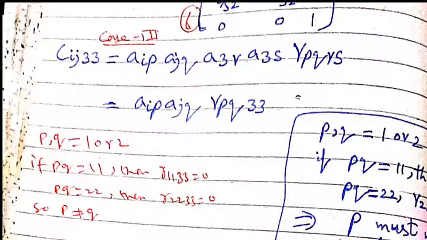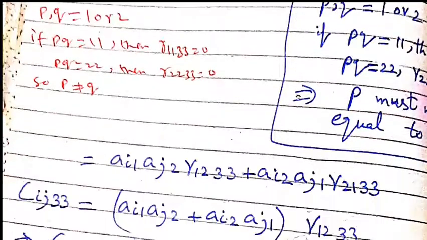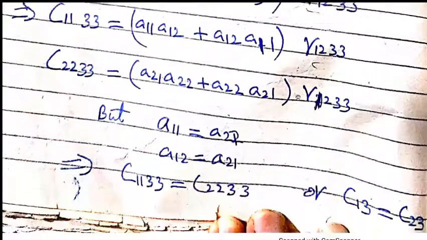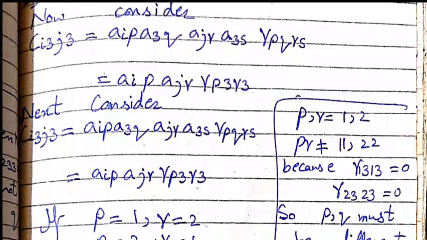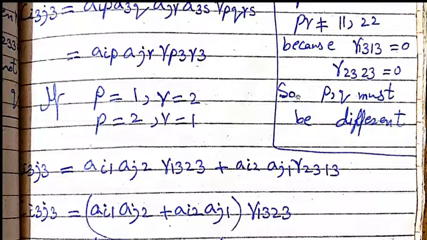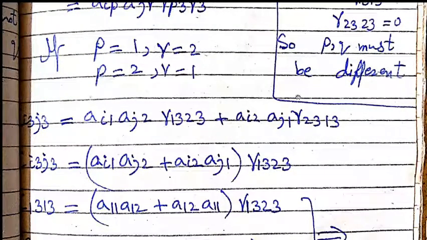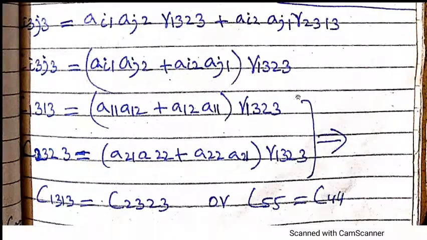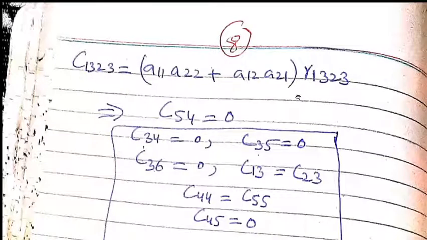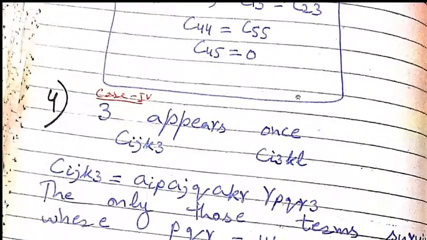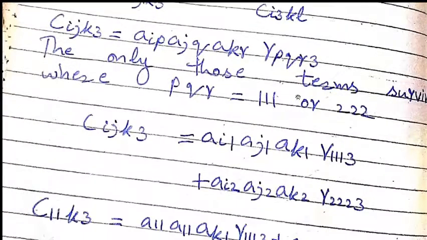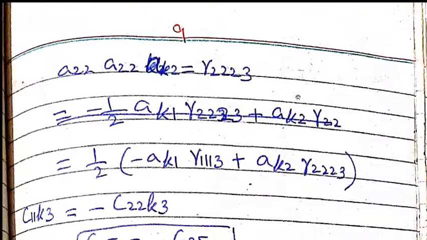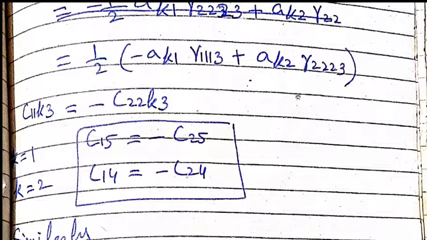Case number 4, I think, and there is only 1 3. C24 will be equal to minus C14. Here you can see that C24 will be equal to minus C14.